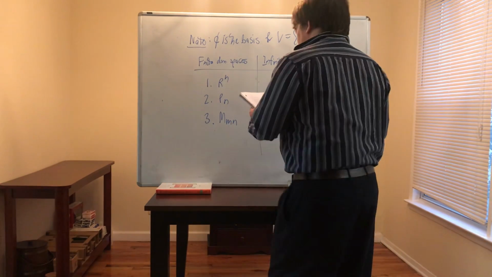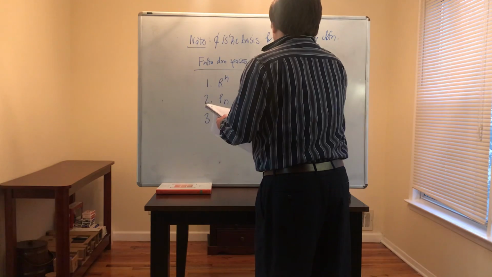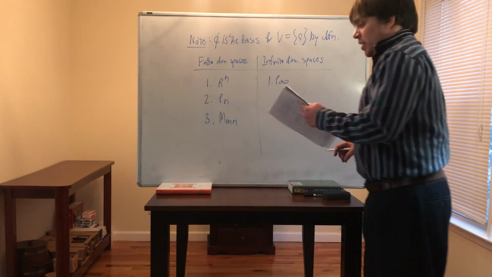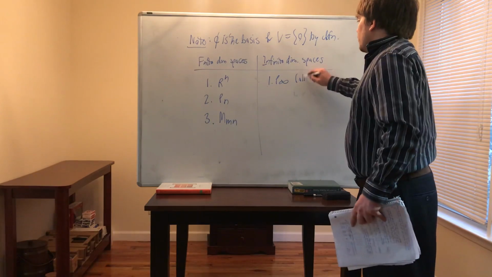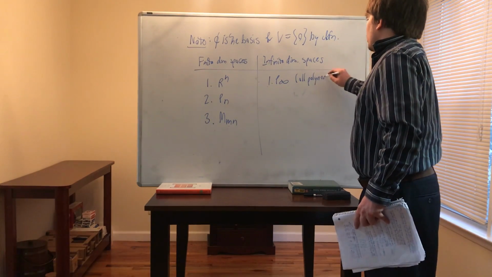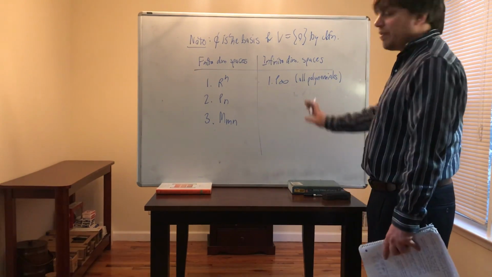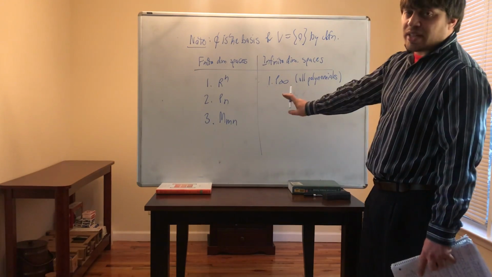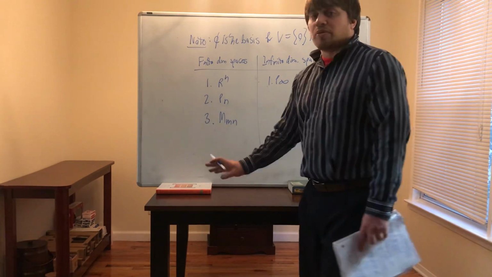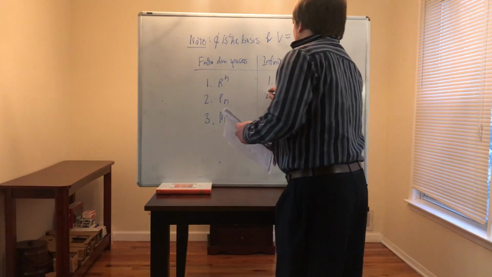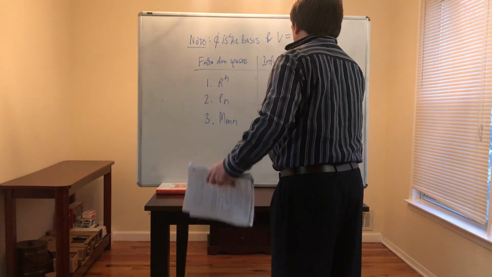Okay, and then the infinite dimensional spaces. One is P sub infinity, which is just all polynomials. It's the vector space of all polynomials of any order. It's infinite dimensional. That means there is not a set of finitely many vectors which forms a basis for that vector space. 2, R infinity.